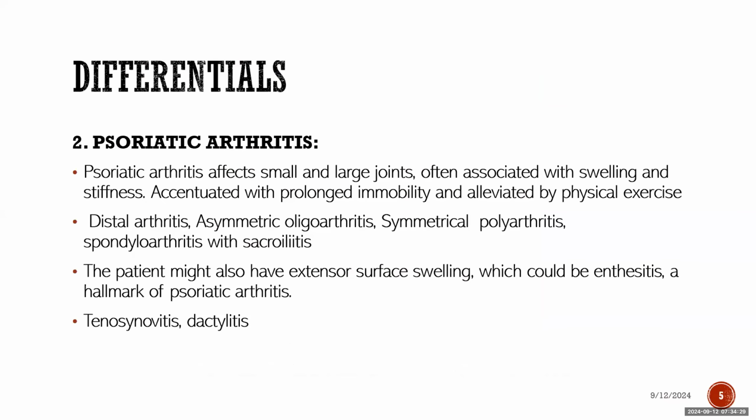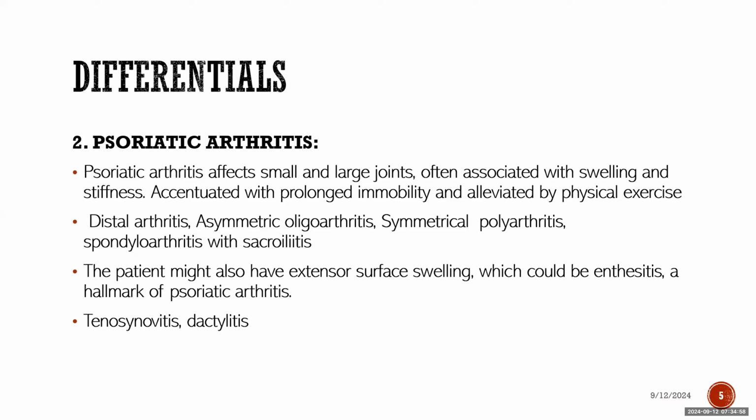Then psoriatic arthritis too, it can affect both small and large joints, often causing stiffness. Of note is that this could also last greater than 30 minutes. However, it is mostly alleviated on physical exercise. It could present as a distal arthritis pattern, asymmetric oligoarthritis that's affecting more than one but less than 5 joints.